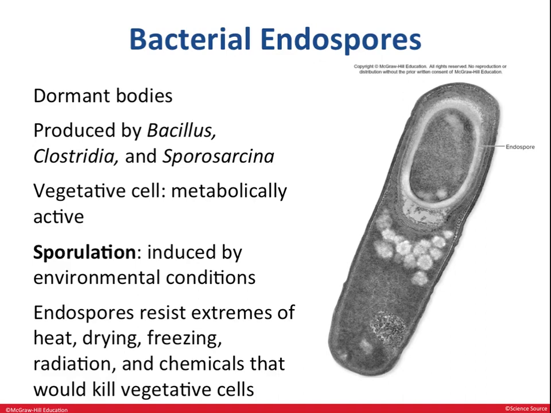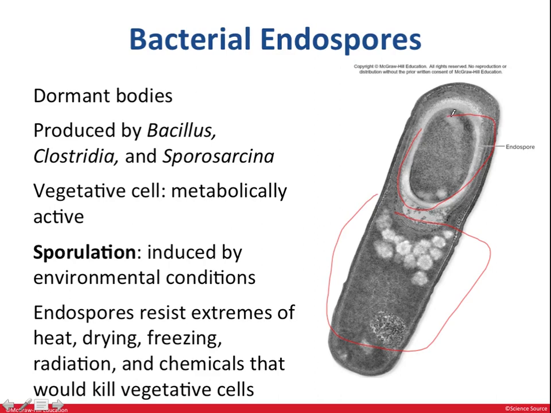That's why once the cell generates the endospore, we can divide the cell into a vegetative cell and this part. The endospore is inside the cell, this one. The endospore doesn't have any metabolic activities.